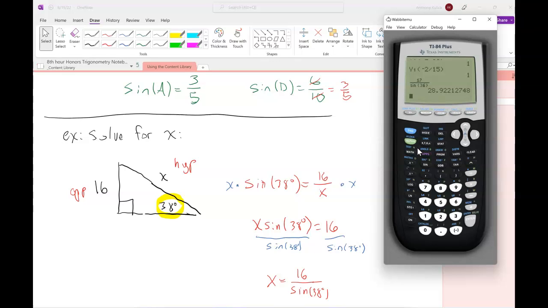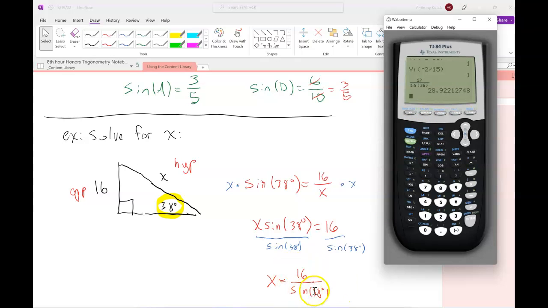Which one should we be in now? Degree. How did you know that? Because the angle's written in degrees. It's that simple. To change the mode of your calculator, you press the mode button right next to the blue, and then make sure that the highlighted section says degree. If it's not highlighted, just move your cursor down and press enter on degree, and it'll highlight that.